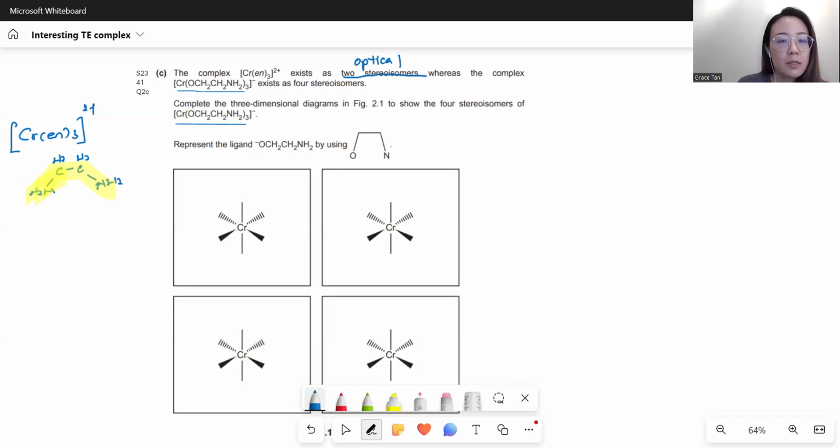And now the question gave us something new, which is a complex or a ligand that looks something like this. Okay, so if I were to open up the structure, you realize it's like this.